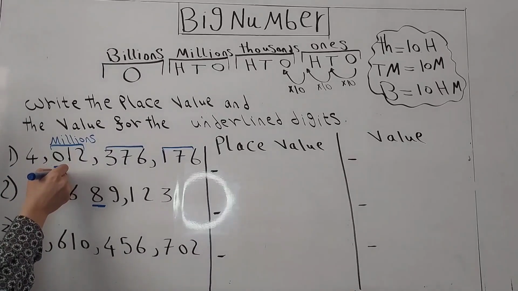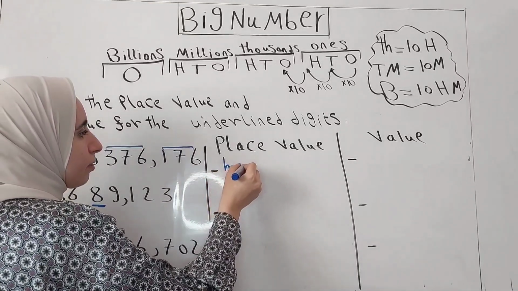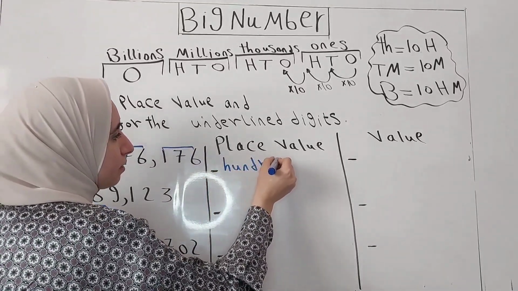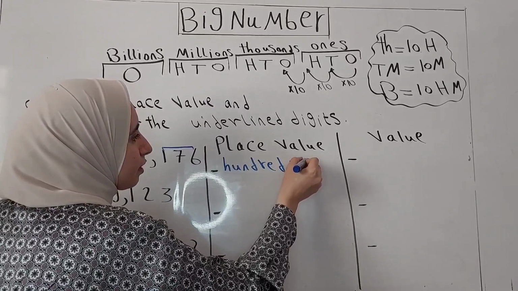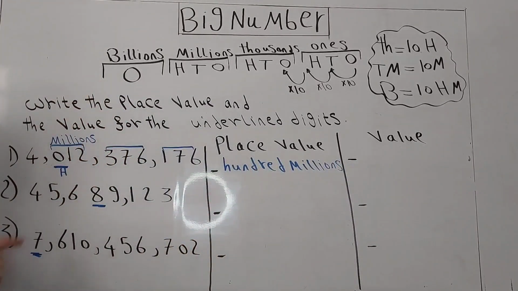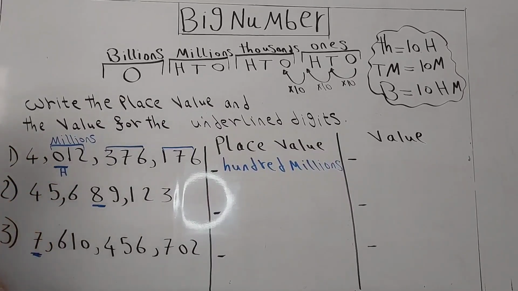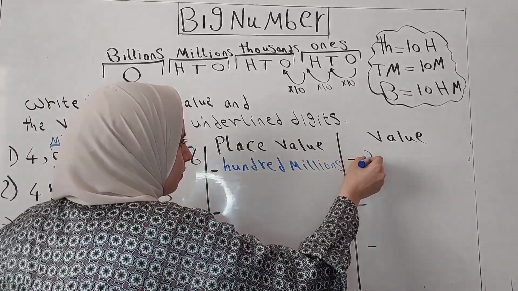In 100 millions. Now we need to find the value for the digit 0. The value for the digit 0 in any place will be 0.